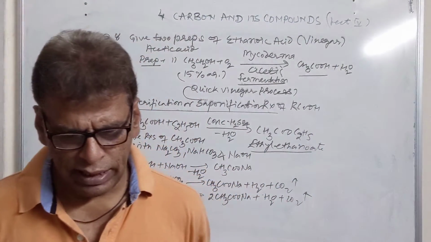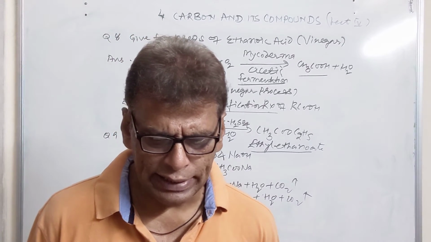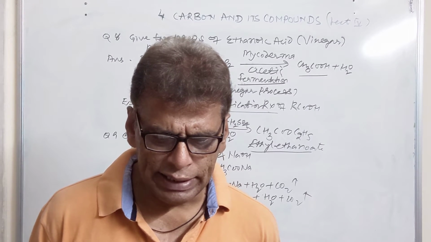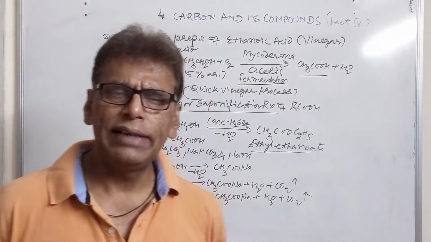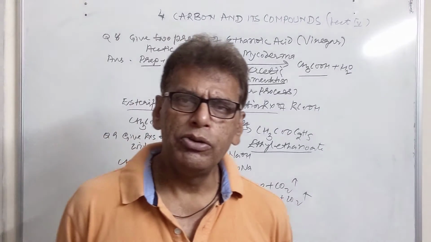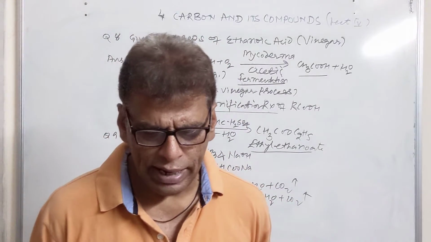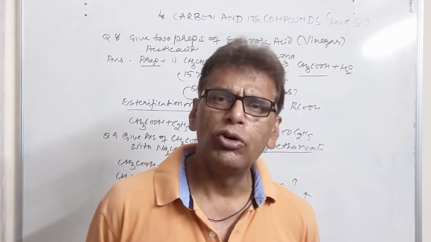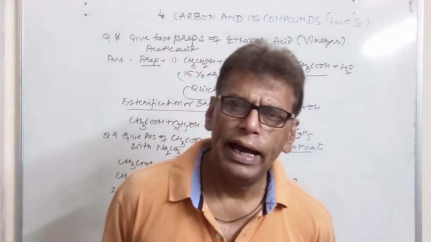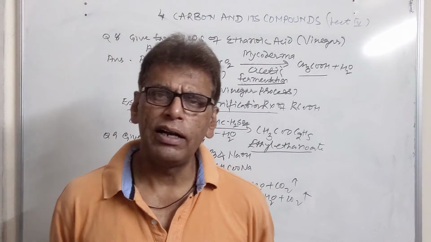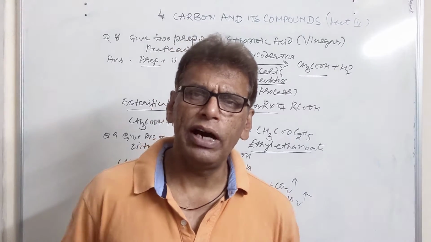Then we have another activity: perform an experiment so that carbon dioxide gas is evolved when ethanoic acid reacts with carbonate or sodium hydrogen carbonate. You take a test tube and add to it carboxylic acid and a small amount of sodium carbonate or sodium bicarbonate and cork it, and when sodium carbonate starts reacting with carboxylic acid, it will go on producing carbon dioxide.